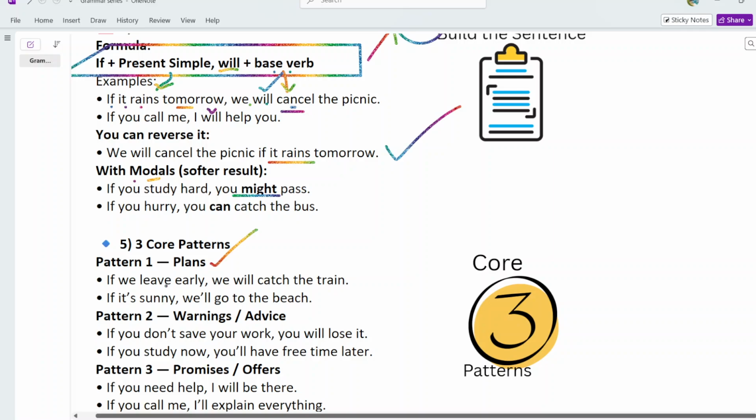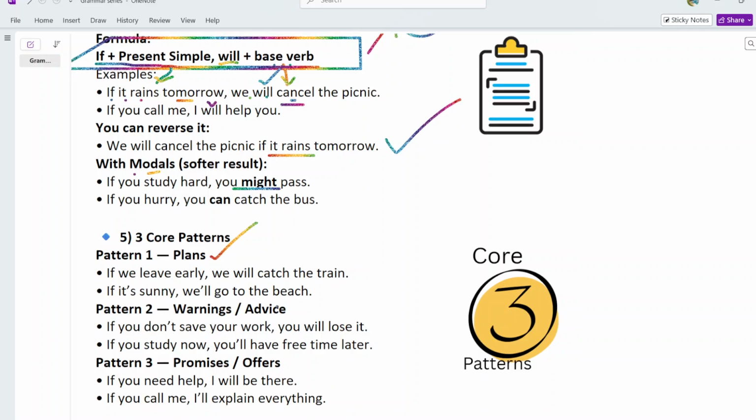If we leave early, we will catch the train. It is satisfying this rule, right? Any sentence will fit directly into this formula. All right. If it's sunny, we will go to the beach.